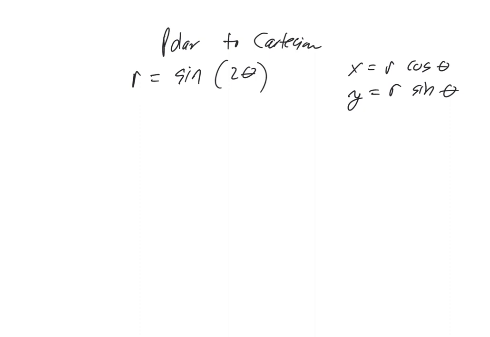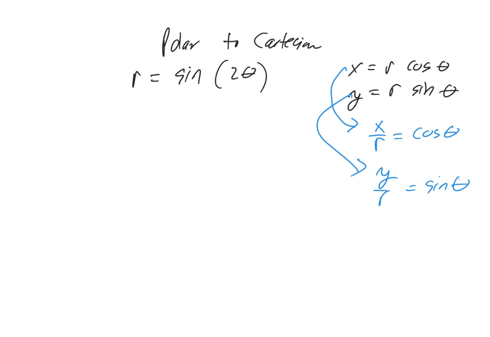I'm going to rewrite these. x over r equals cosine theta. y over r equals sine theta. The one that helps me out here is this one, because my equation has sine in it. Now, this is sine 2 theta, so instead of sine theta, it will be sine 2 theta.